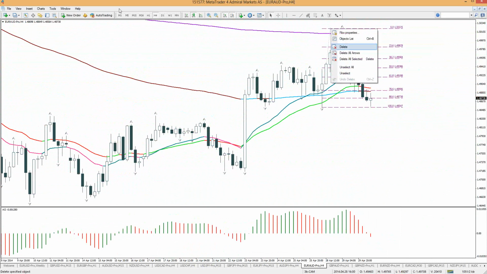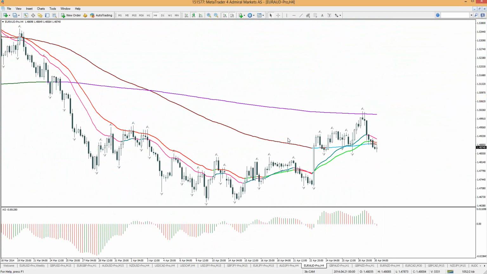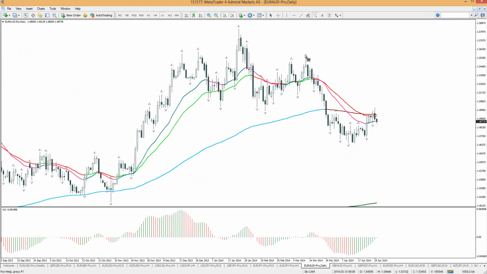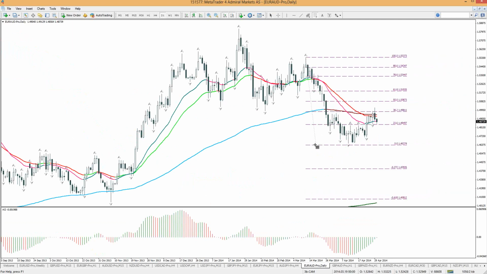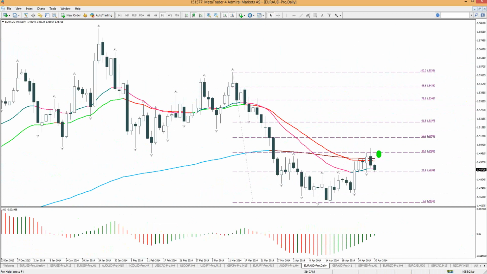Maybe to look at the Euro AUD. Let's take a look at the 4-hour here. Well, the daily fib, the 38.2 daily fib was hit, with a bearish candle there.